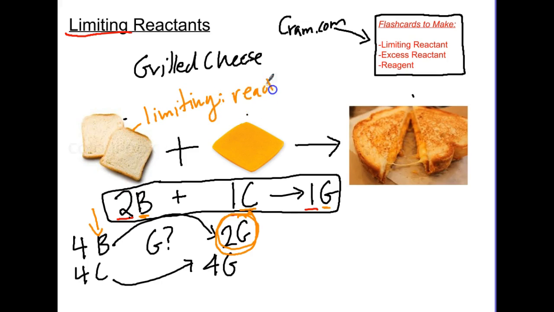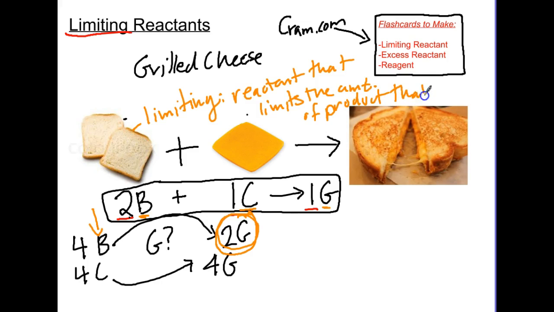It's the reactant that limits the amount (AMT) of product that can be made. Another way of thinking of that, okay, I'm just going to add to this definition down here, is it's the reactant that gets used up.